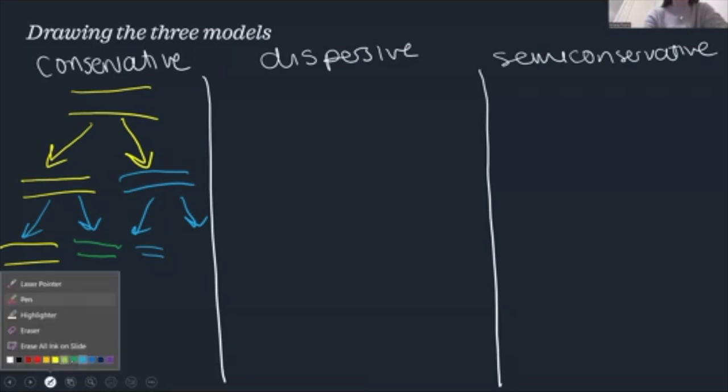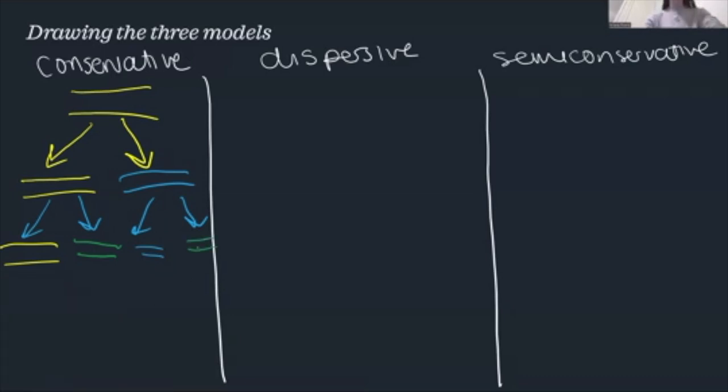For the new one, I'm going to show green again. I'm using different colors because if I used blue again, you wouldn't be able to tell that it's the conservative model with your blue staying together. So that's your conservative model. Every single time, your old DNA stays together and you have completely separate new DNA.